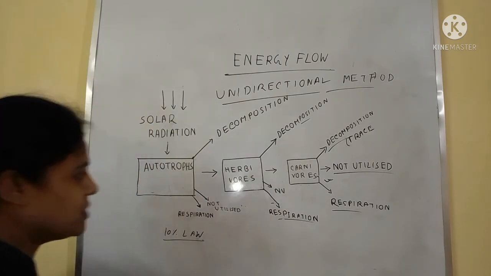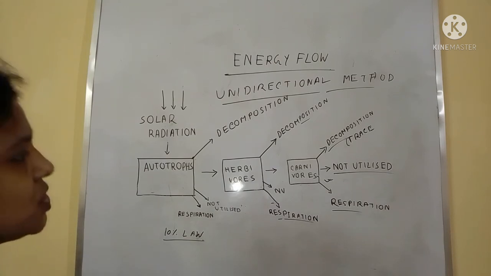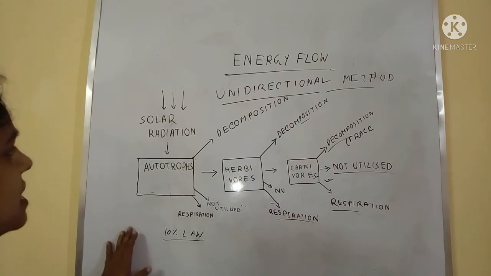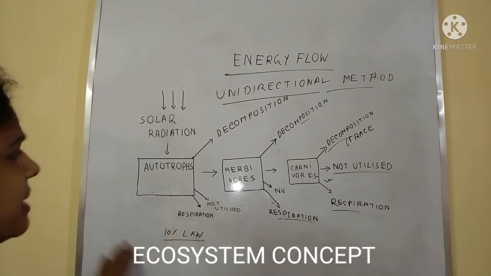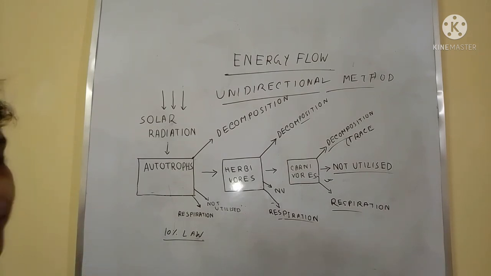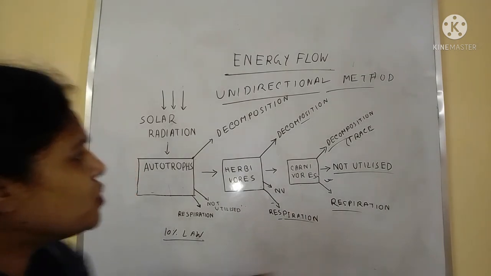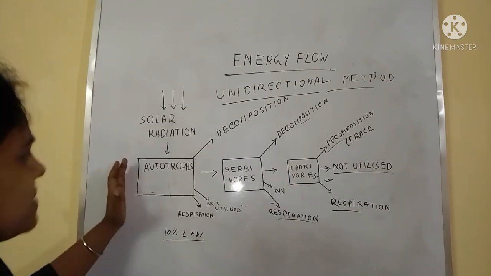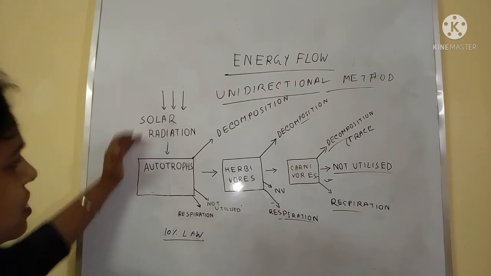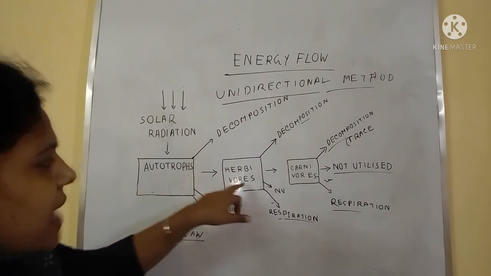It is not possible, so that's why it is known as the unidirectional method. And this is the general method. Other models are there, the Y model and the universal model, but this is the general way through which energy transfers from the solar radiation to the carnivores through autotrophs and herbivores.